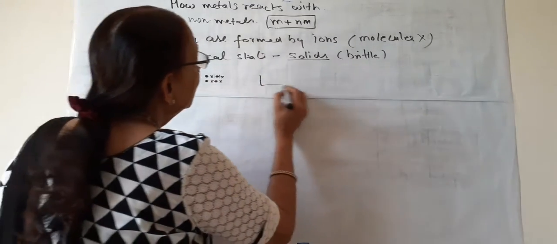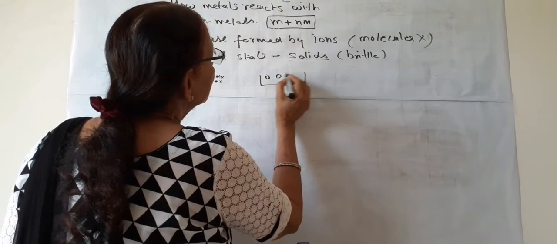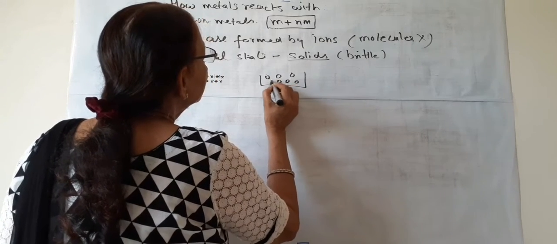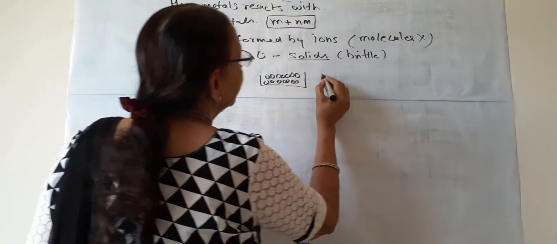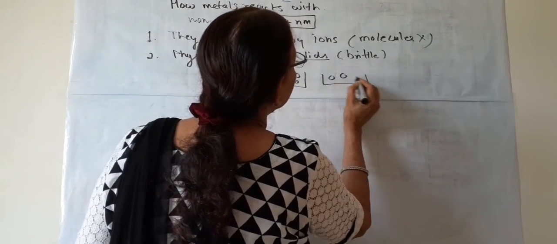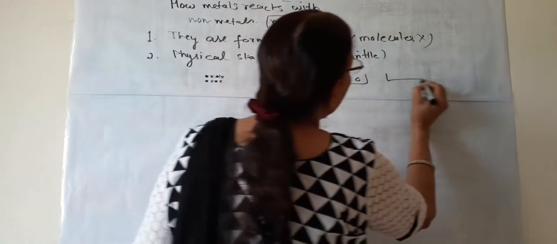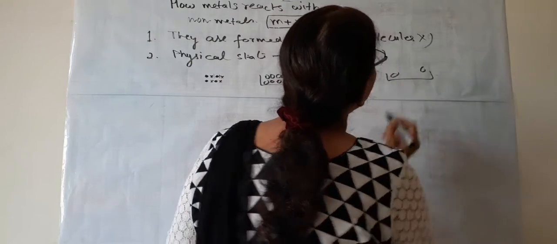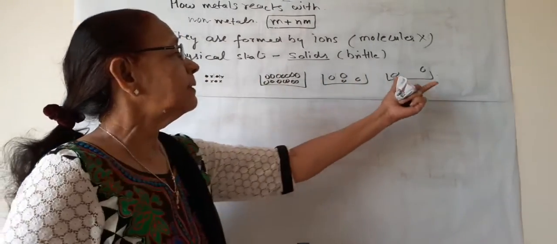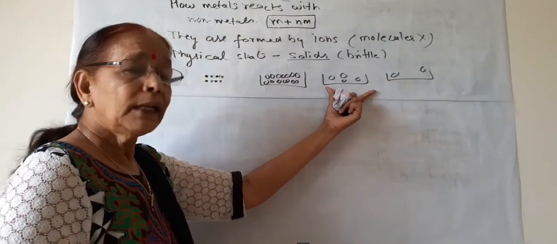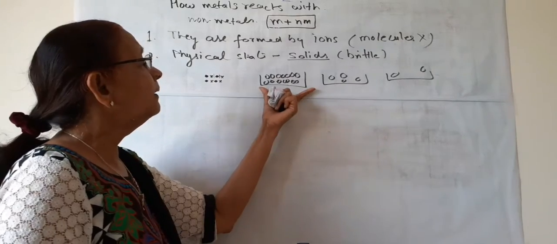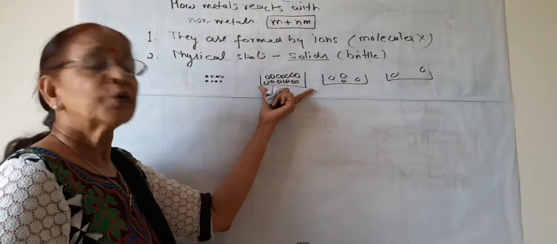We have read in our previous class, suppose this is the solid form of matter. You have drawn this. This is the liquid form of matter and this is the gaseous form of matter. That is, the particles are quite apart in gases, in between in liquids and very close up in solids.